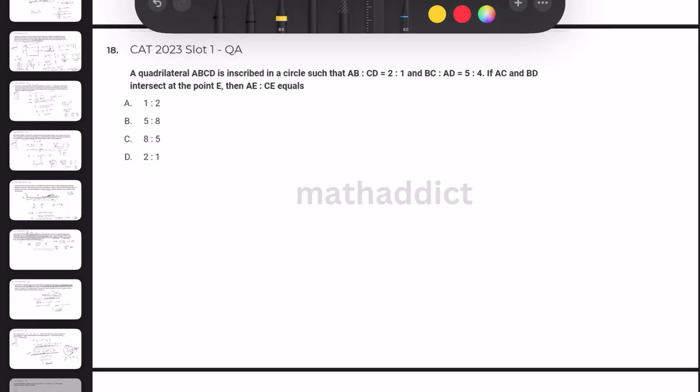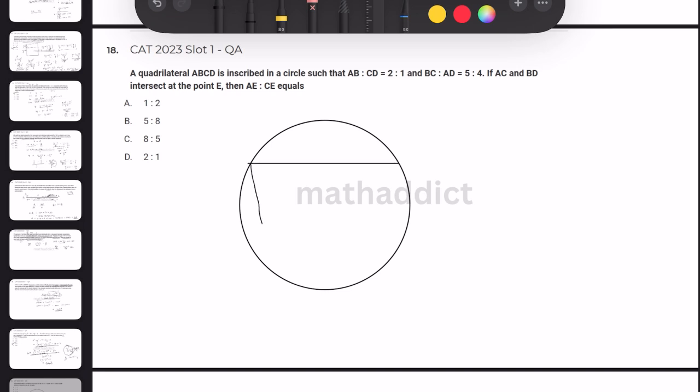So we are given a circle and a quadrilateral inscribed in it. So let's start with this circle. Okay. And the quadrilateral ABCD, which is something like this.